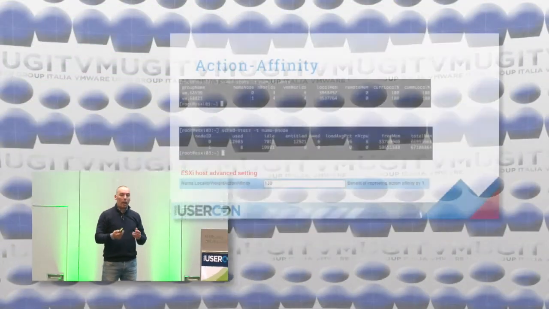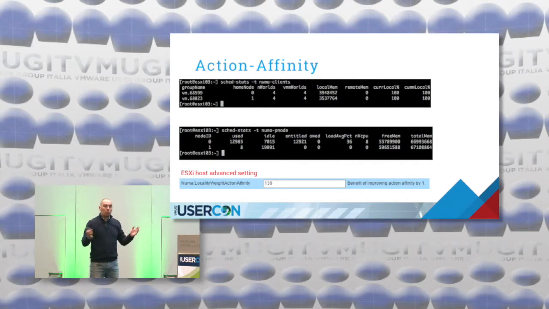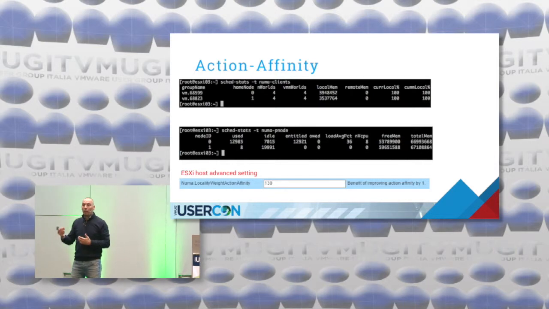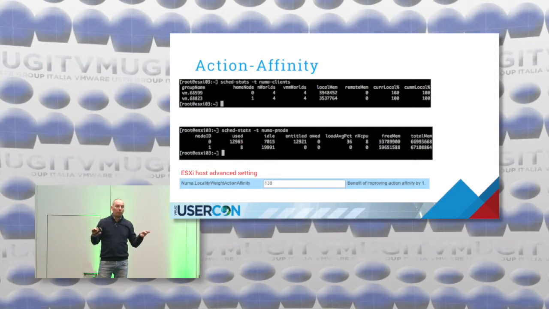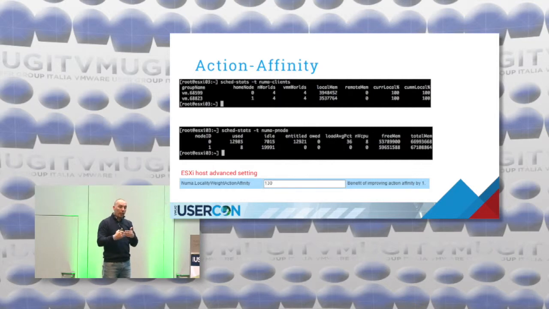But the reality is that these two VMs communicate on a really regular basis, almost continuously. So this is something that the VMkernel detects. What happens, the VMkernel starts to pile those two together on one physical CPU. Now, if you look at your esxtop, you notice that, hey, I've got all my 8 CPUs running on one NUMA node, while the other one is empty. That doesn't make sense. Well, from a peanut butter spread perspective, yeah, that doesn't make sense. But from a workload perspective and on a low-level workload, that does make sense.